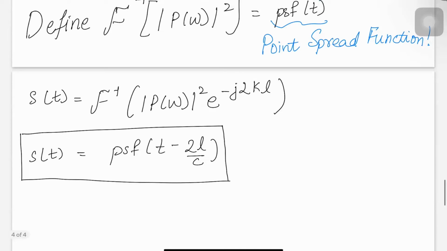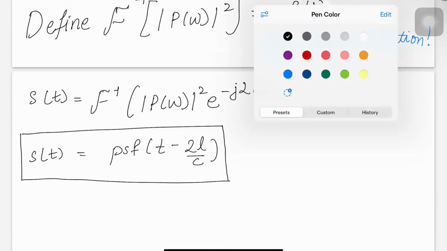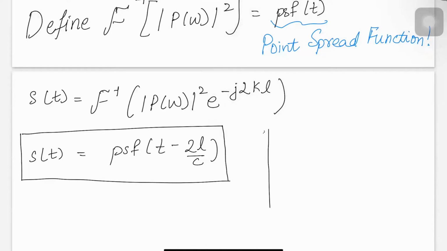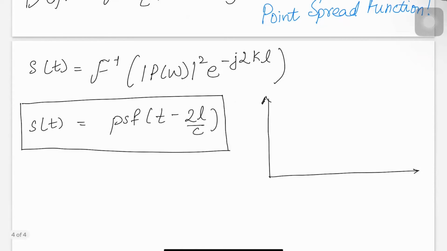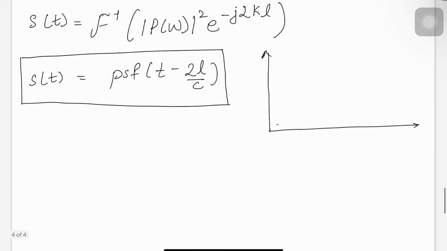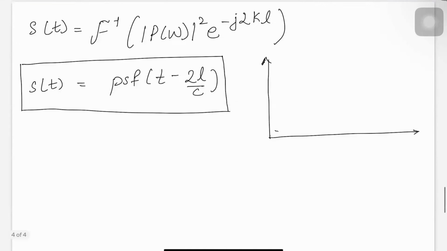If I have to draw it, it would look something like this.